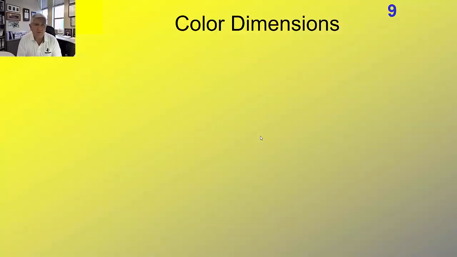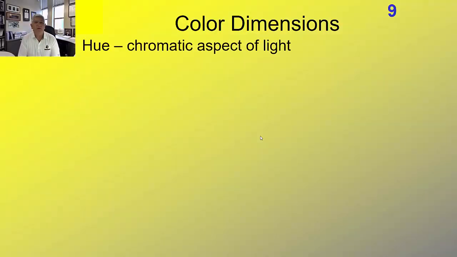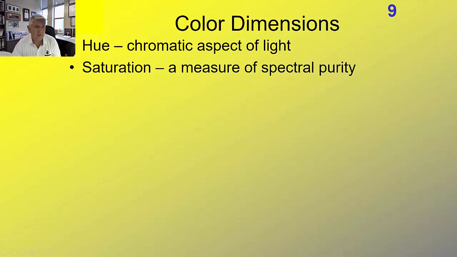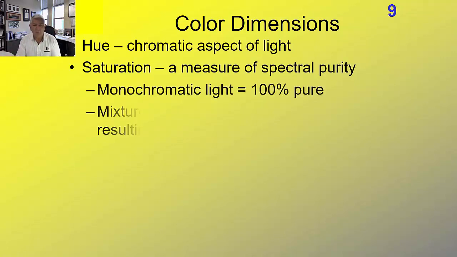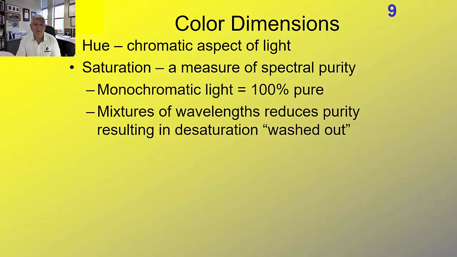All right, so color dimensions. Here we see pure yellow light, monochromatic light in the upper left corner, and I'm varying the saturation down towards the bottom right corner, where we have desaturation.